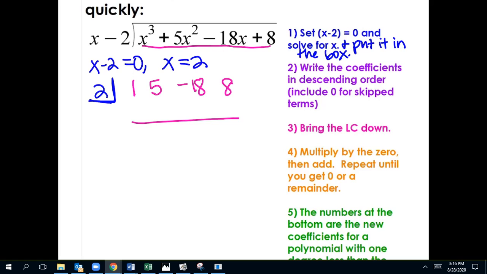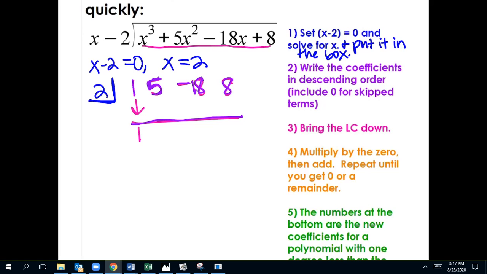This is how I do it. Other teachers might have done it a different way. And so then we bring the leading coefficient down. Oops. Let's see, 1. Try to keep my colors coordinated here. Okay, then what I do next is we bring the leading coefficient down. So I draw a little arrow and bring it down.